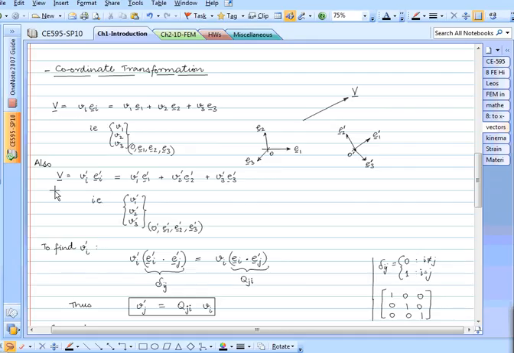As you can see here, I've expressed my vector v first in this coordinate system. So I'm saying that v is equal to vi ei. And you should also note that I'm using the summation convention here. My index i is repeated. So vi ei is actually equal to v1 e1 plus v2 e2 plus v3 e3.